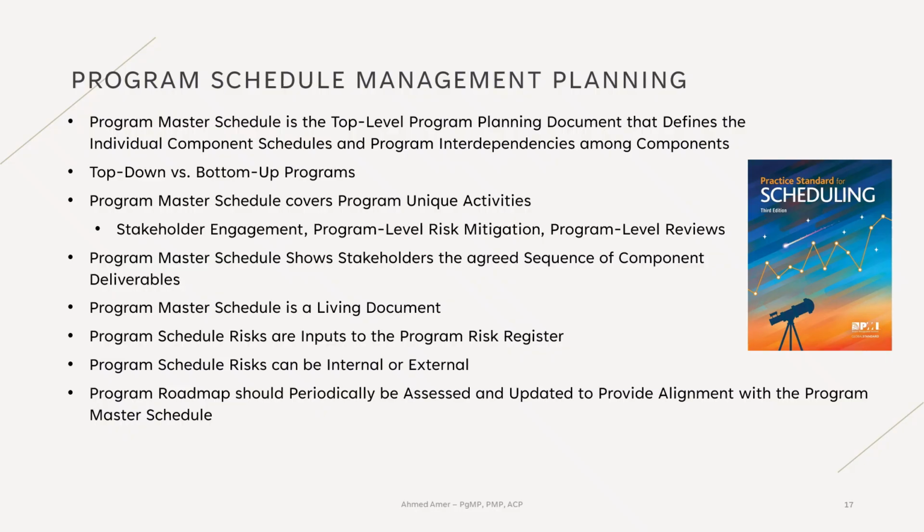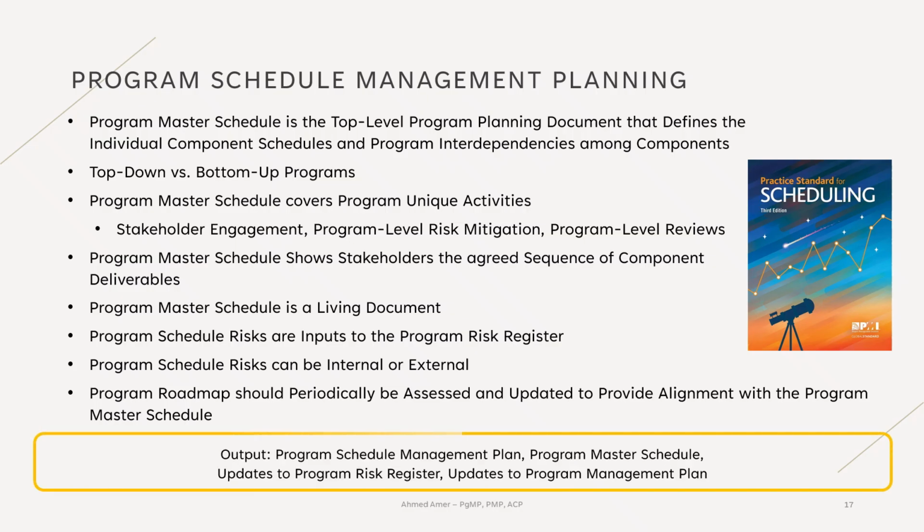The program roadmap should be reviewed and updated regularly to stay aligned with the program master schedule. Changes in the program master schedule may require updates to the program management plan, and those updates should be reflected in the schedule. The output of this activity includes the program schedule management plan, the program master schedule, inputs to the program risk register, and updates to the program management plan.